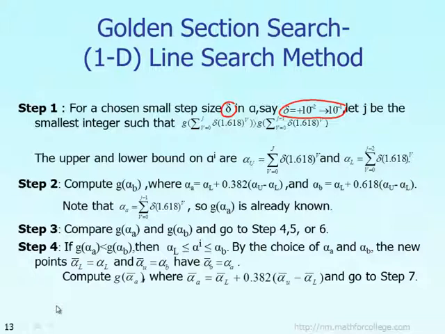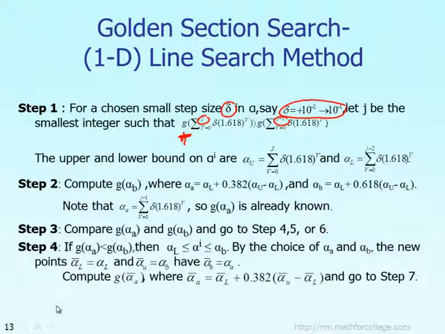Then after that, you just increase the index j. The index j goes like iteration 0, iteration 1, iteration 2, iteration 3, 4, and so on.